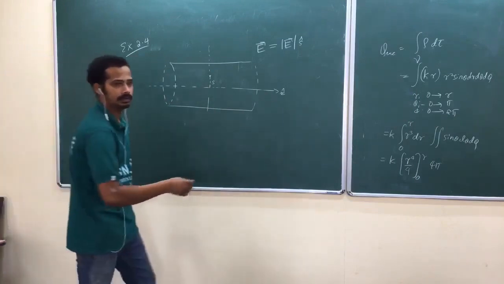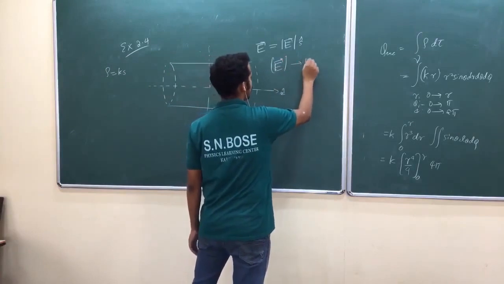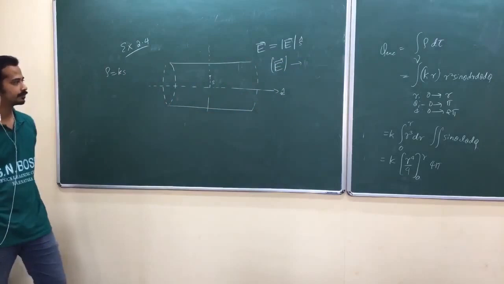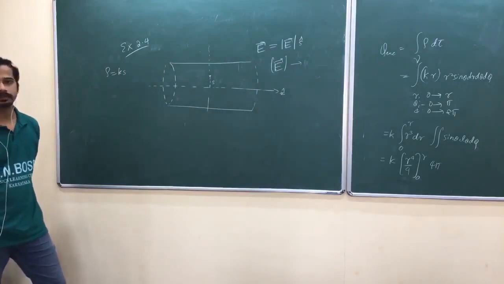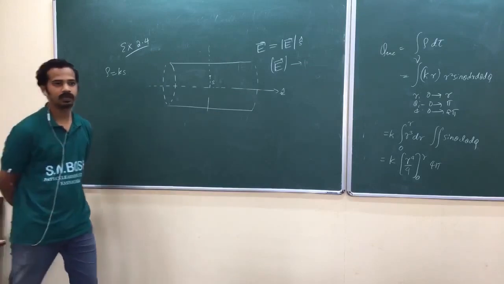Next one, dependency. The magnitude of the electric field depends only on s. So does it depend on phi or z? Why?